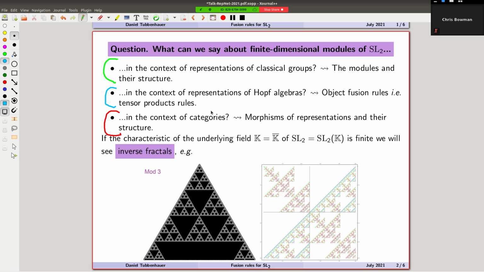I will try to explain what is really new. This philosophy, which originated a long time ago but took a while to really get started, is that you should actually study the categories as categories, meaning you should write down relations for morphisms between the representations instead of focusing on the objects.